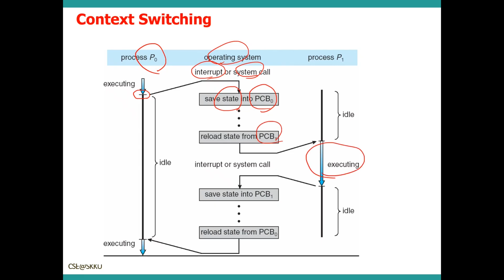Then process 1 can be executed. If there is some interrupt or system call here, then the operating system saves the state of process 1 into PCB1. And if it schedules process P0, then it can reload the state of process P0 from PCB0. Then process P0 can be executed.